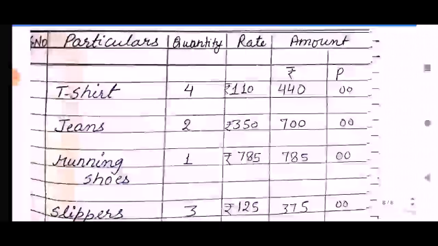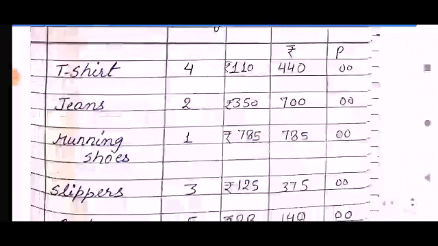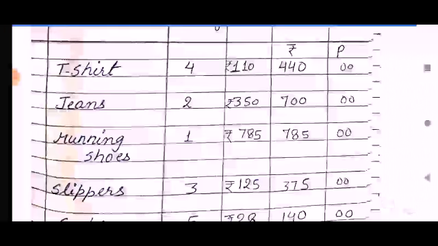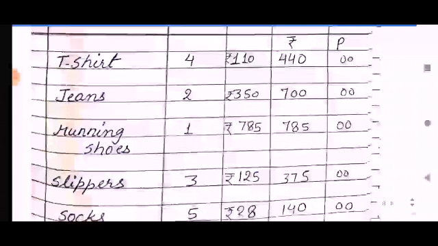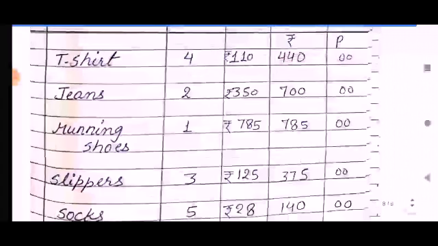How will we prepare a bill? First of all, we will write the names of all the items which Soumya had bought: t-shirt, jeans, running shoes, slippers and socks. Now we will write the quantities. T-shirts she bought are 4, jeans 2, running shoes 1, slippers 3 and socks 5.